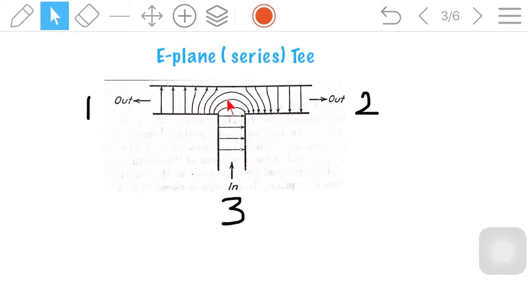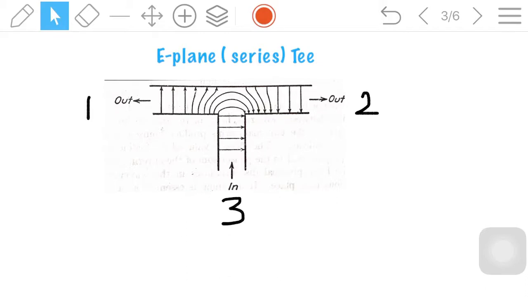Once it reaches this point, the wave bends, resulting in two waves, one out from port 1 and one out from port 2 here. If you look carefully, these two fields have the same magnitude but different polarities. This is how the output will be seen if I inject the input from port 3 here.